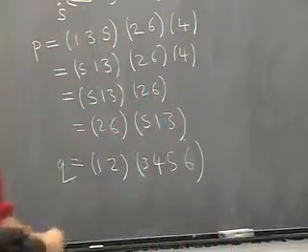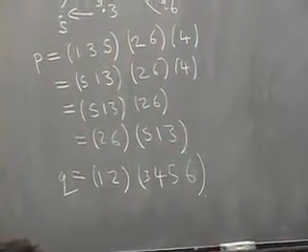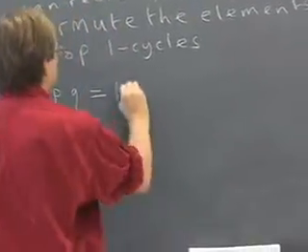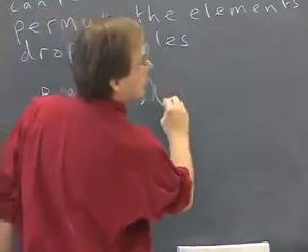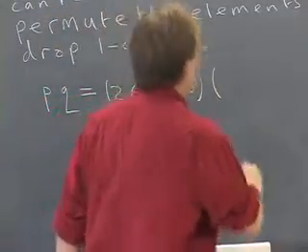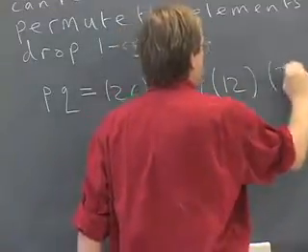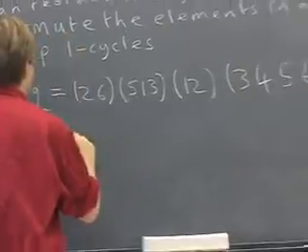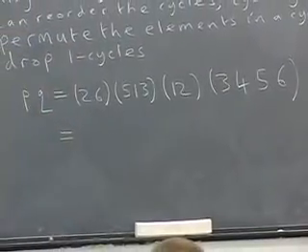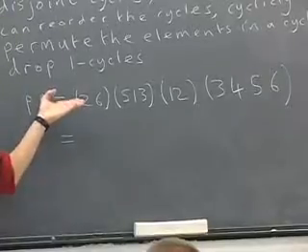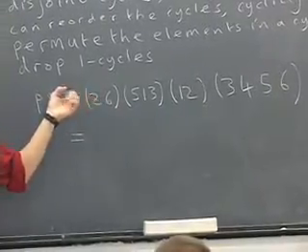So this is the cycle decomposition of Q. And you can calculate again the product PQ as, so it's 2, 6, 5, 1, 3 times 1, 2, 3, 4, 5, 6. So how do you work out the product when you work in cycle shapes? Was this something you've practiced doing? Not a whole lot.